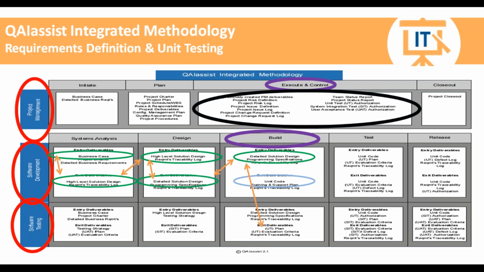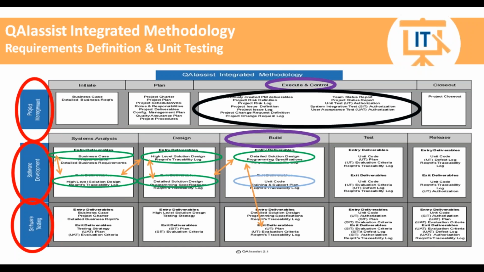We can use them to create a unit test plan for that particular and specific programming specification. We can also lay out the unit test evaluation criteria, meaning we know what the requirements are.